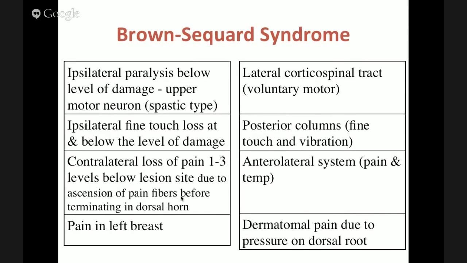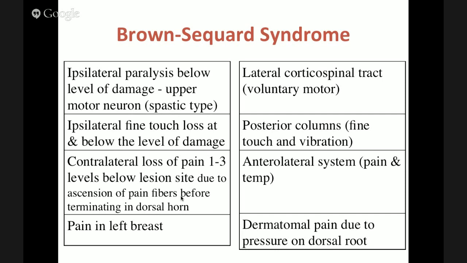So the ipsilateral paralysis that is occurring below the level of the damage to the cord is an upper motor neuron injury: the spasticity, the increased tone, increased reflexes. This is produced by damage to the lateral corticospinal tract. Ipsilateral loss of discriminative touch at the level of and below the level of damage is destruction of the posterior columns.